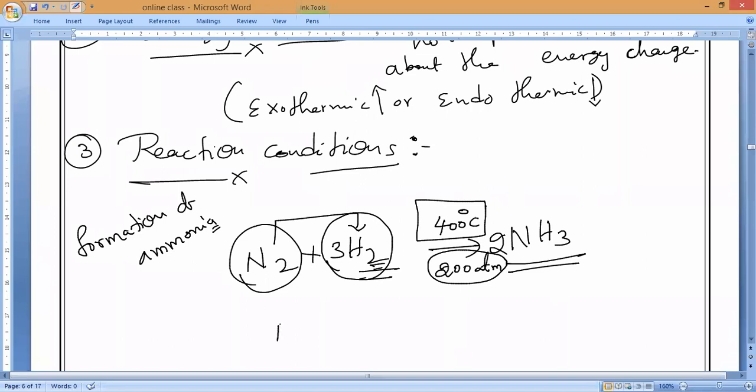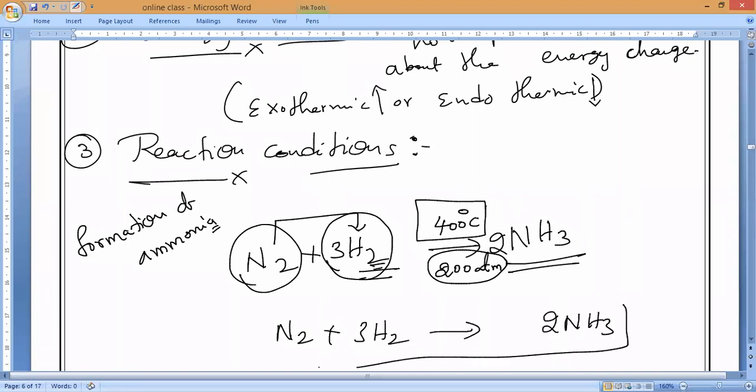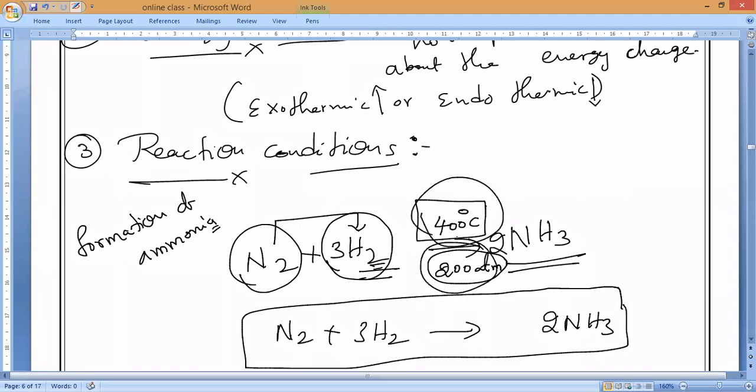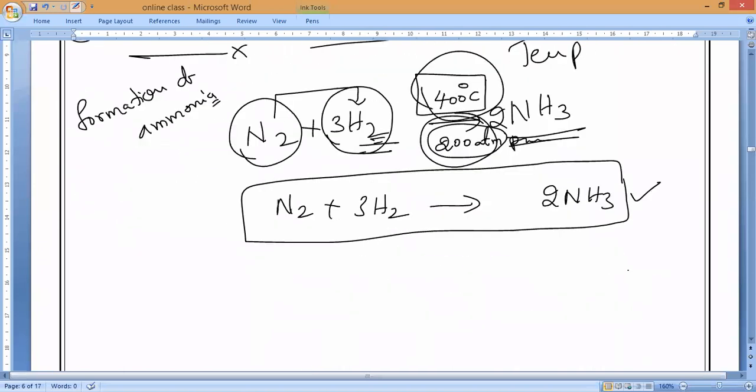If I simply write nitrogen plus hydrogen will give you ammonia, are you getting any kind of reaction conditions? This is only called conditions: temperature and pressure. If I give you the balanced equation, are you getting any information? Please respond.